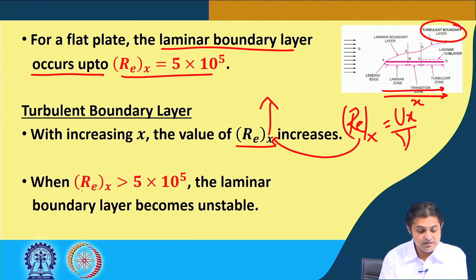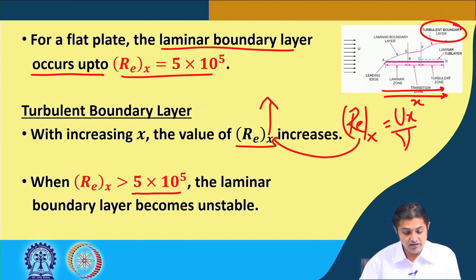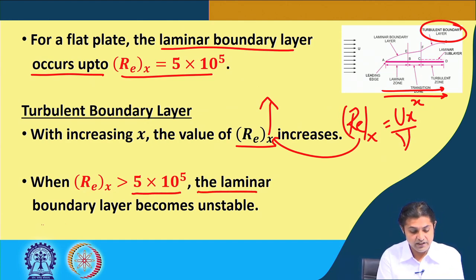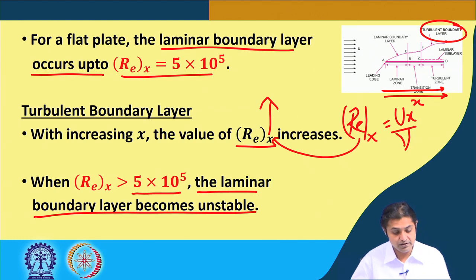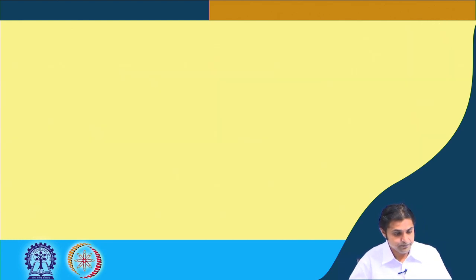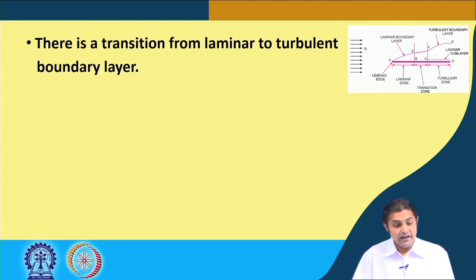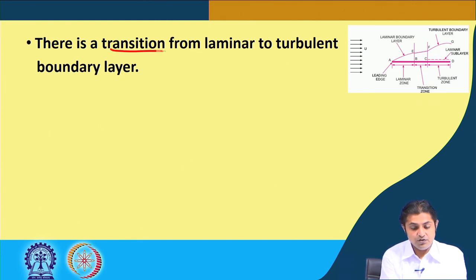Now, when the Reynolds number increases to more than 5 into 10 to the power 5, the laminar boundary layer becomes unstable. Unstable means the velocity will have some fluctuations. And then there is a transition from laminar to turbulent boundary layer.